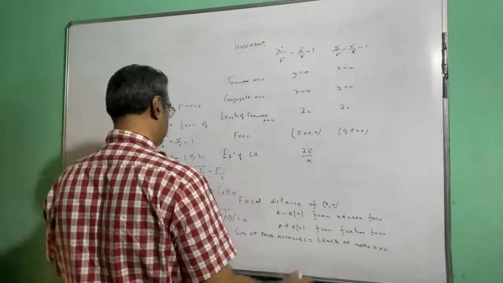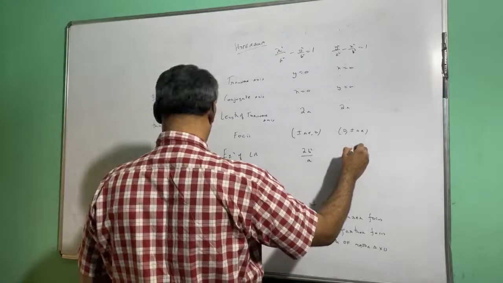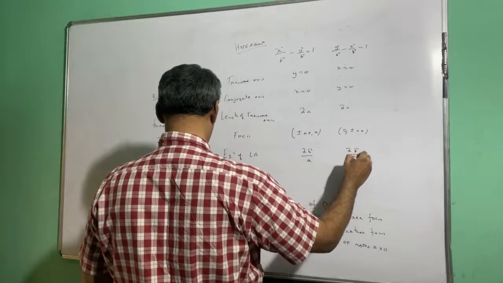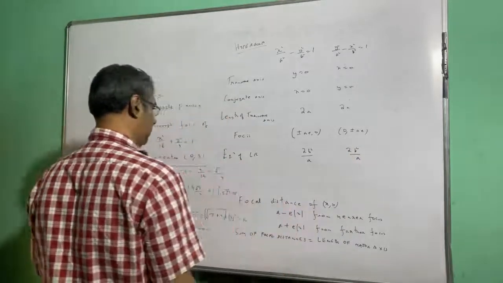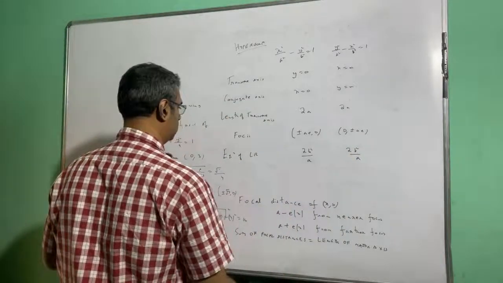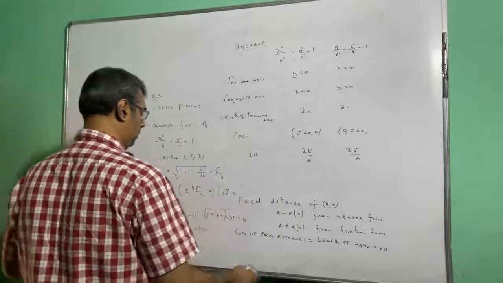Equation of latus rectum, 2b square by a, this will be the length of latus rectum.